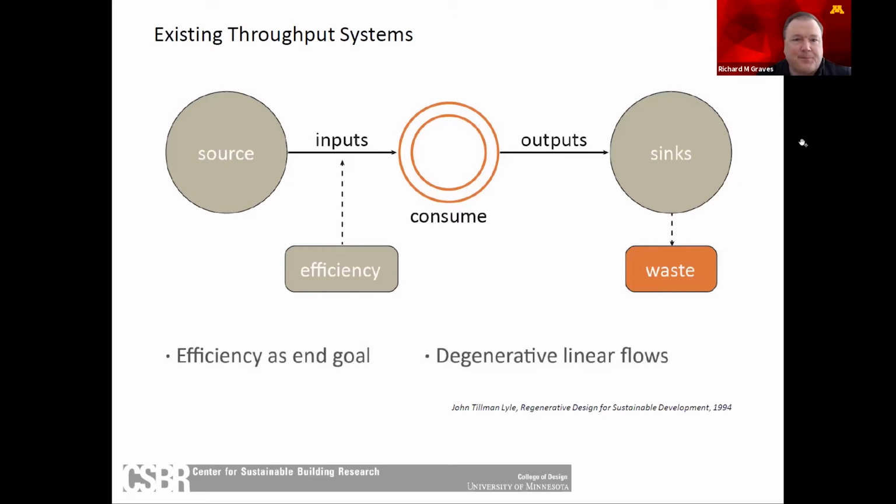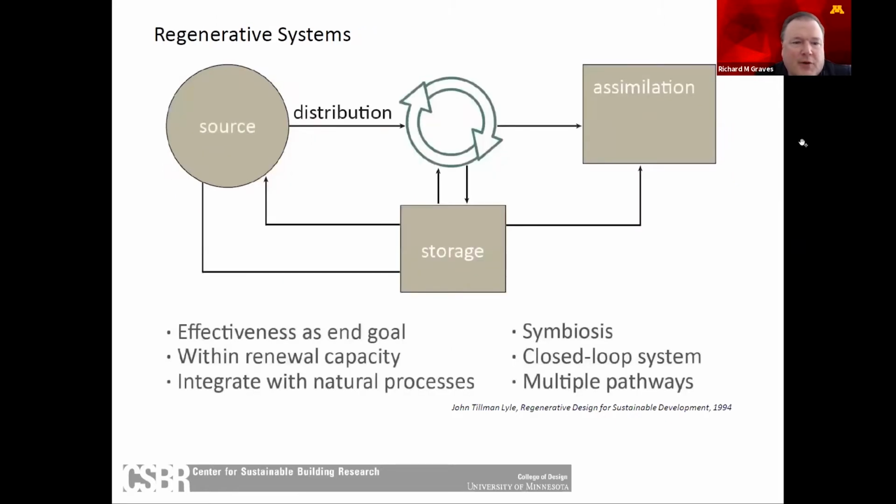Next slide. A regenerative approach tries to think of the built environment as a living system. So we have sources of things, energy, water, materials, et cetera. We think about them being redistributed in the built environment. We integrate storage because there might be times when we can generate energy from solar panels, but that probably will be different from when we might be using that energy.